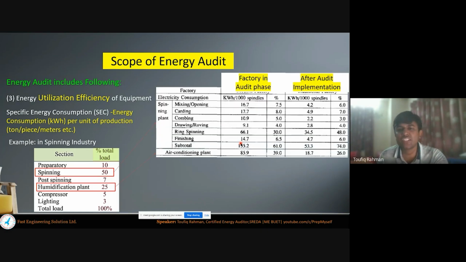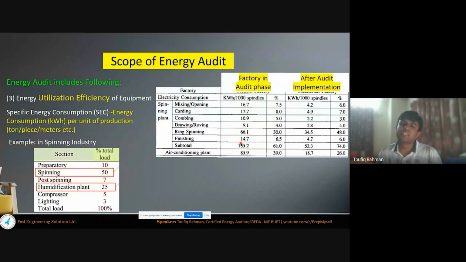If we go to the audit phase, in the spinning plant, mixing, carding, combing, those kinds of processes are going on.